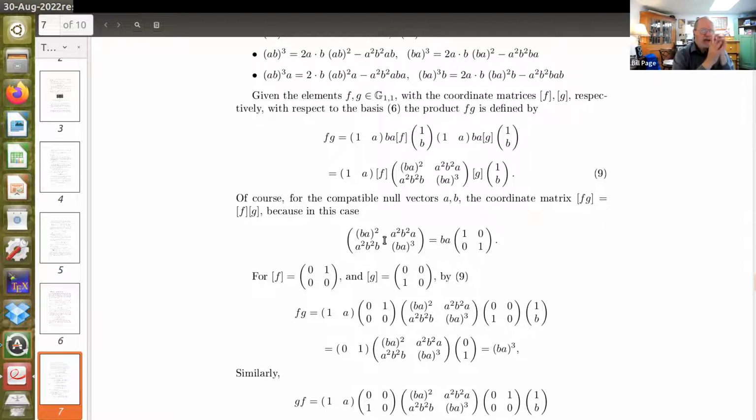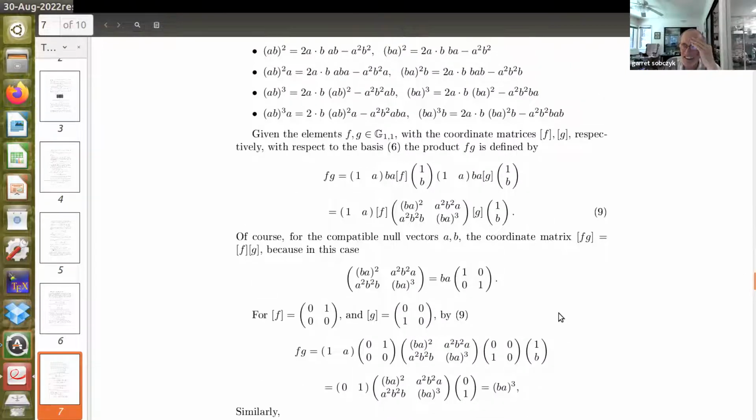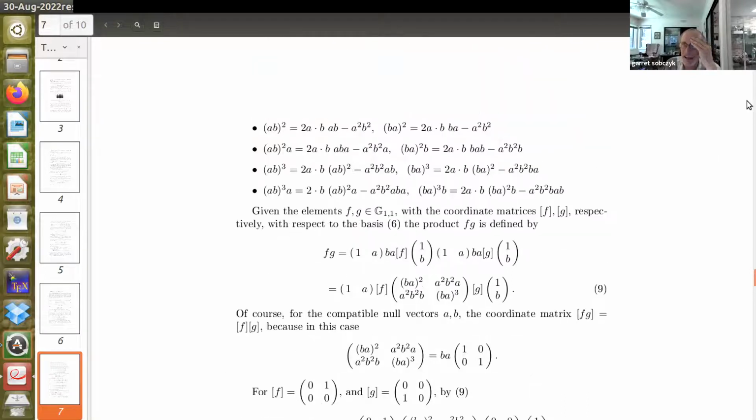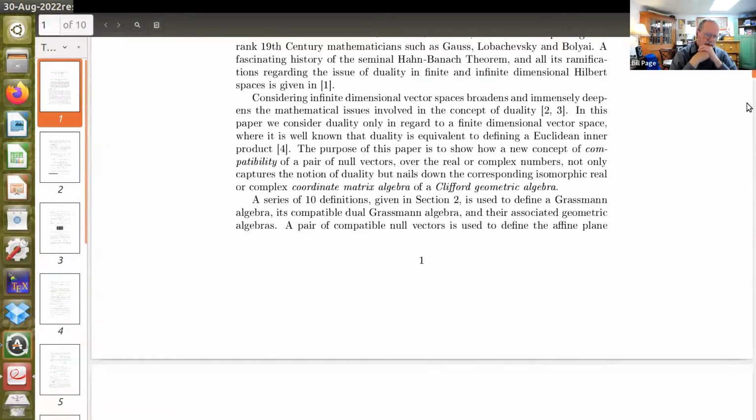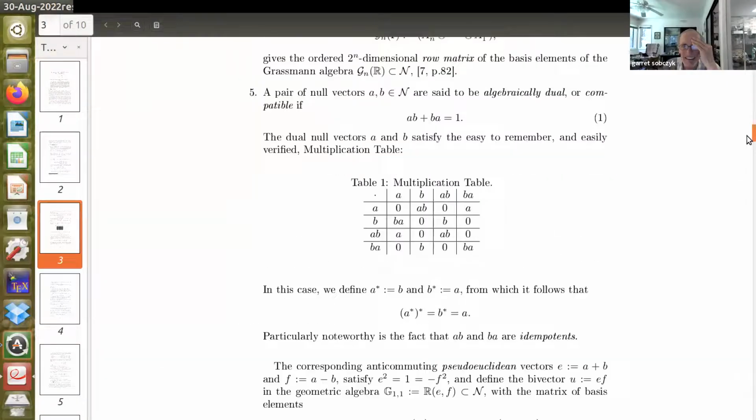But isn't it true that every time you write A squared, you could just replace that with 0? Well, that's when you have equation 1 and equation 3 true. Okay, that's the more general expressions here. But go back here. Okay, that's equation 1.